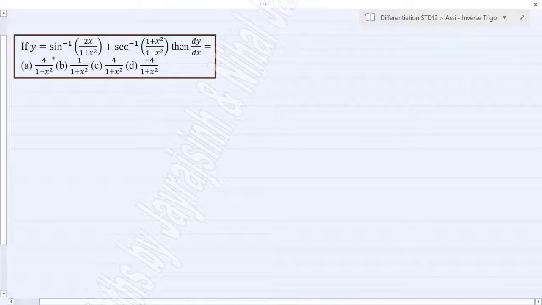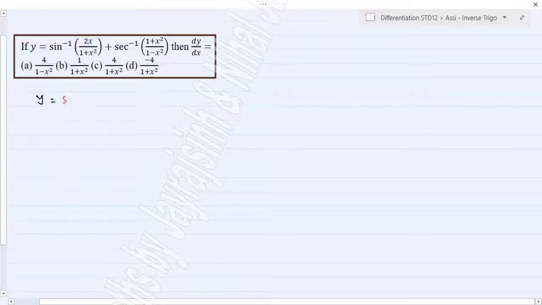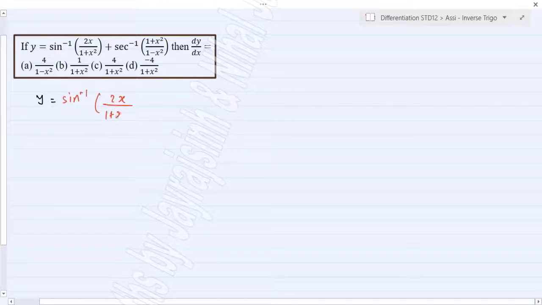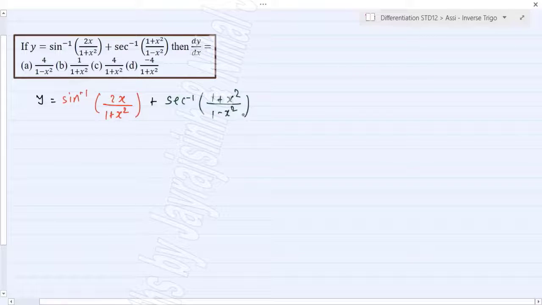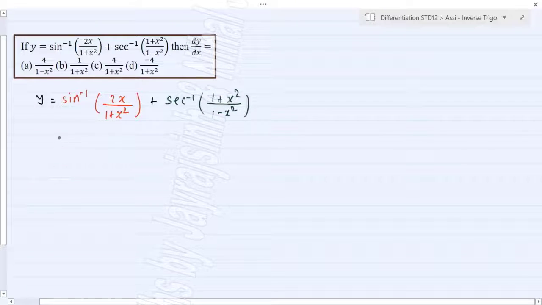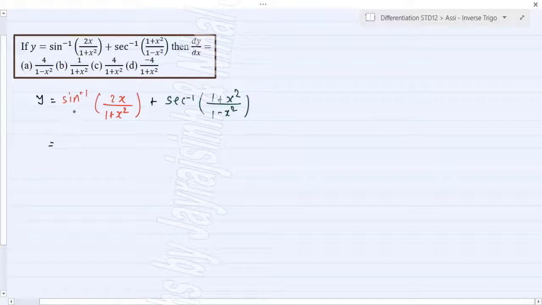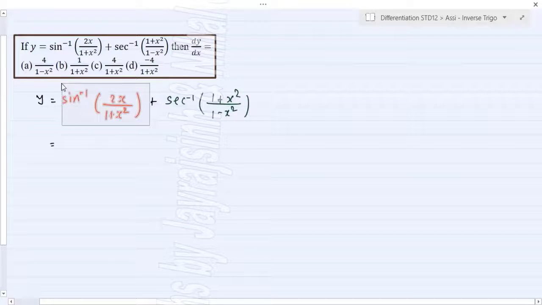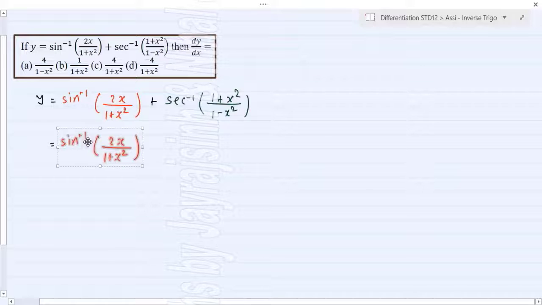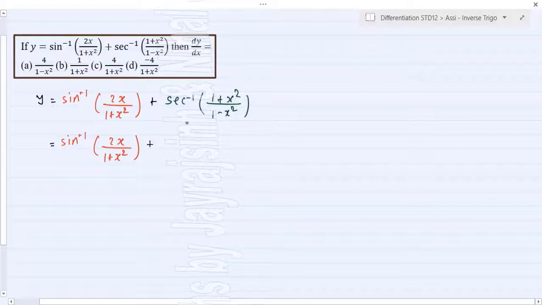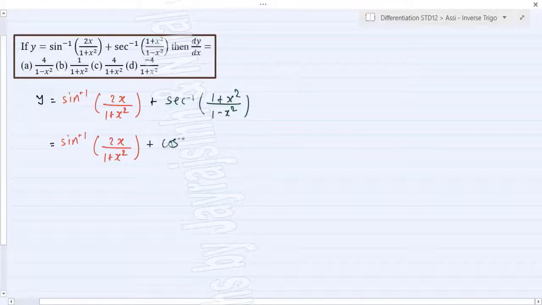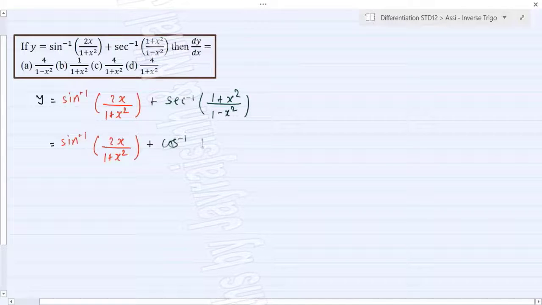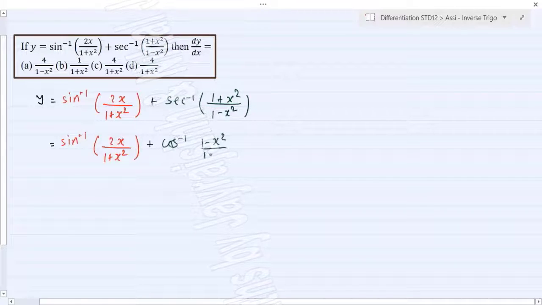In this question, we have y is equal to sine inverse of 2x upon 1 plus x square plus sec inverse of (1 plus x square) upon (1 minus x square). Now, for simplification, the first term will be as it is, and let's convert this sec inverse in terms of cos inverse. Here we'll get cos inverse of the reciprocal, which is 1 minus x square upon 1 plus x square.